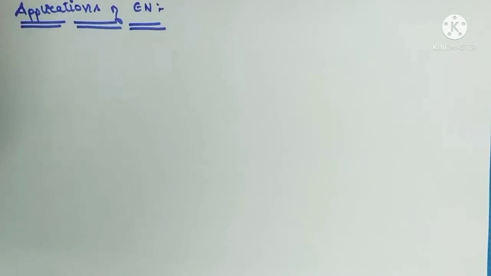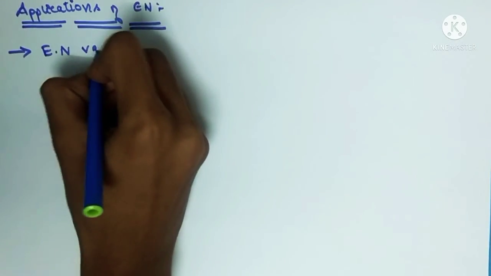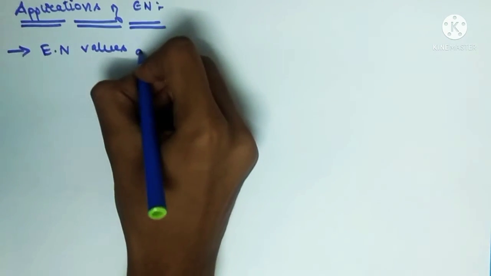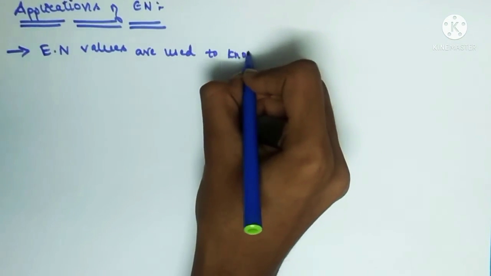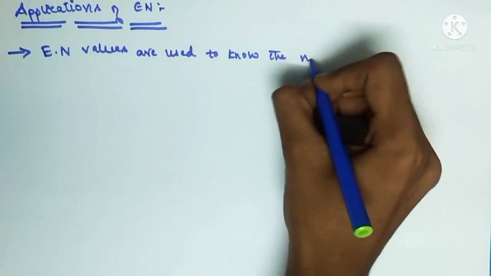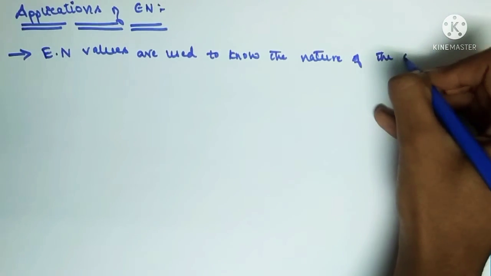There are also some applications of electronegativity. Electronegativity values are used to know the nature of the chemical bond.